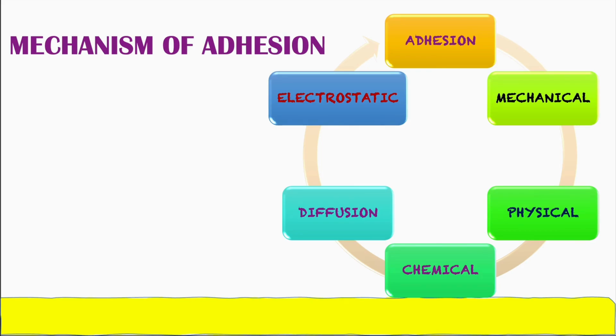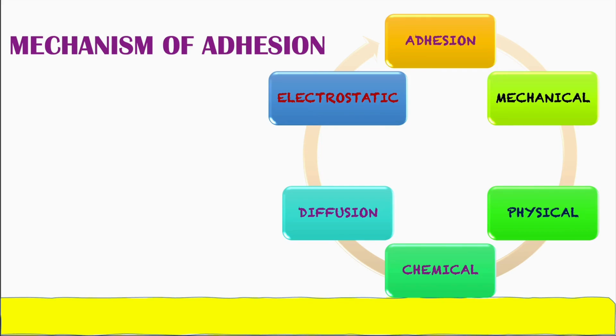The adhesion can also be due to diffusion adhesion, which is very interesting and basically occurs by the diffusion happening across the adhesive and the substrate. Last of all, the adhesion mechanism can also be electrostatic adhesion, wherein opposite charges are present on the surface of the glue and on the substrate, which actually binds them together.